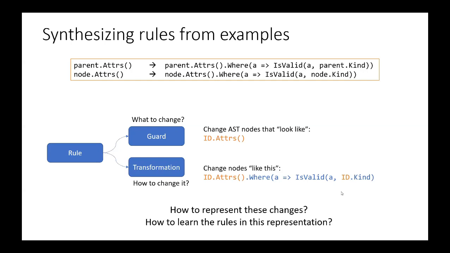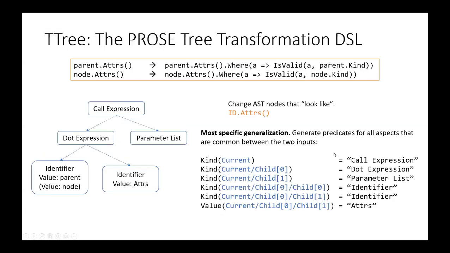So if you're able to learn these two things separately, that already gives you a good way of figuring out where exactly this change needs to be made. The way we learn this guard of where to apply these changes is a very simple algorithm.